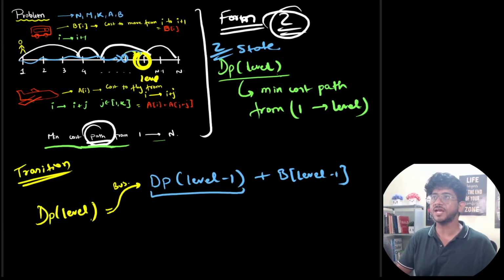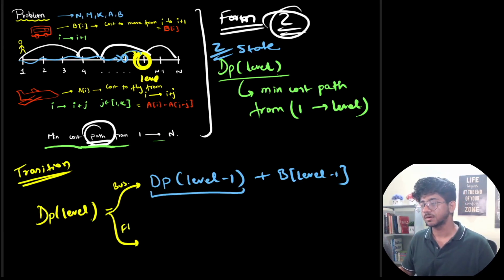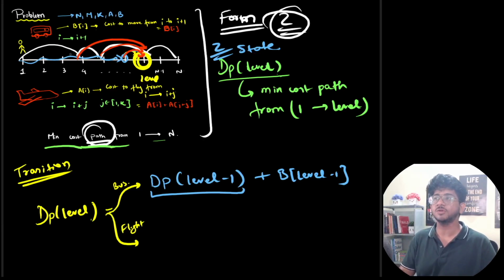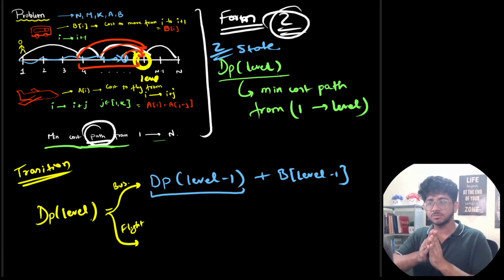Or else if you took a flight, you have a lot of options now, right? Now, where could you come from? You could have taken it from 1 to 3. Let's say k is equal to 3. So you can take a flight from these 3 things, because from this you can reach I plus 3. From this you can reach I plus 2. From this you can reach I plus 1.